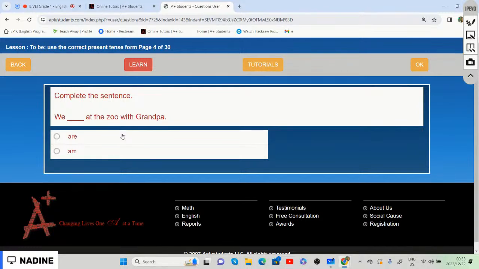And if we choose the correct one, we can say we are at the zoo with grandpa.